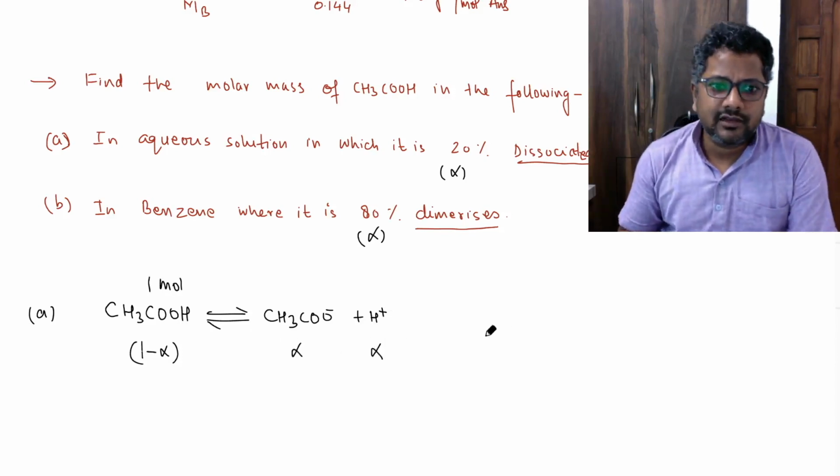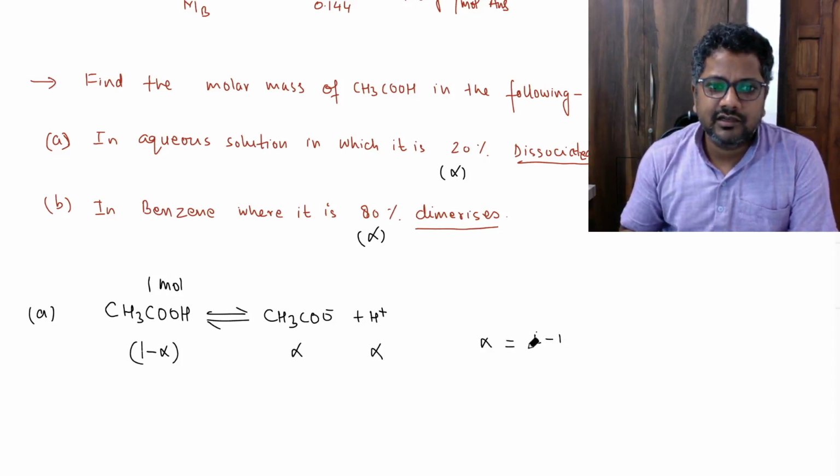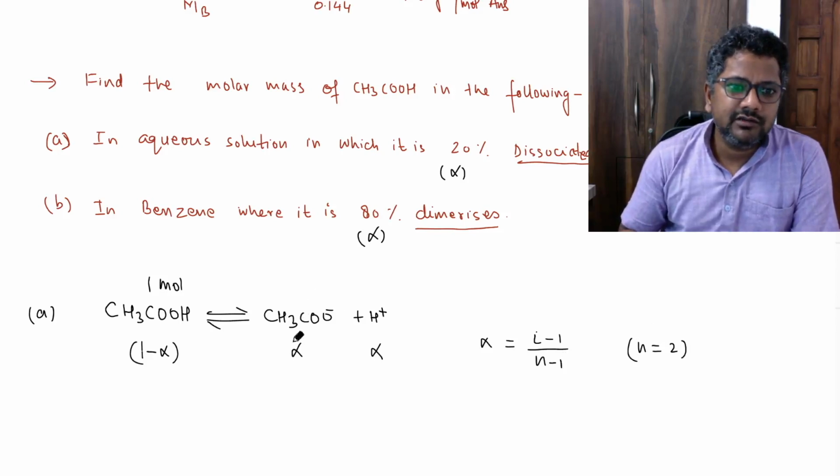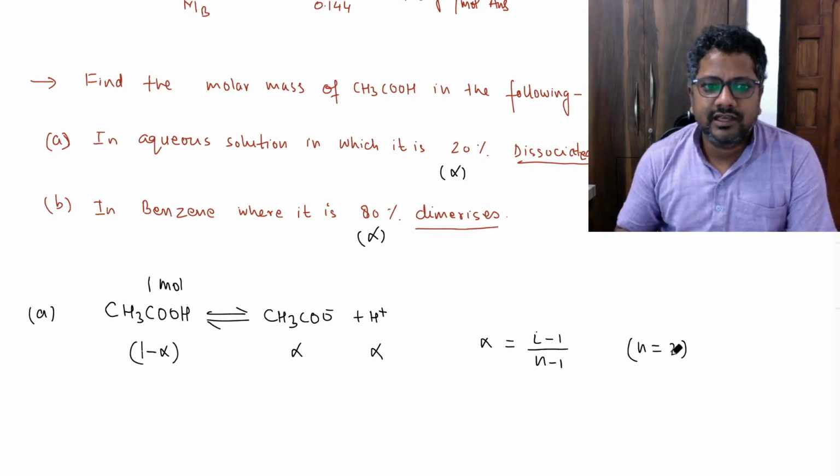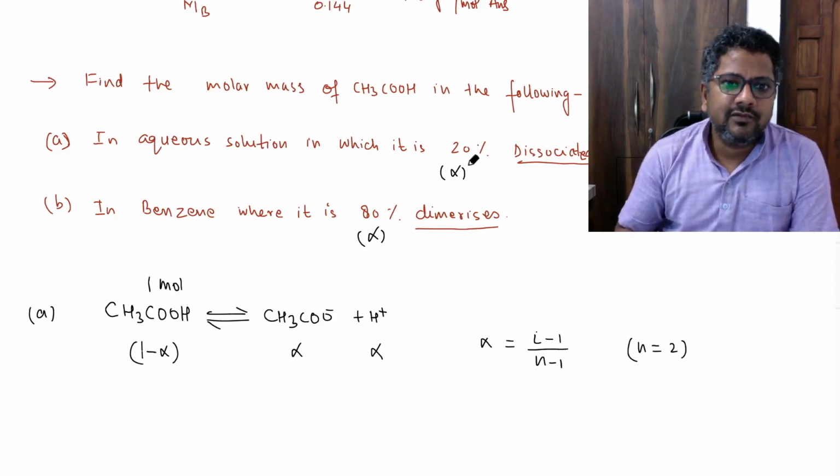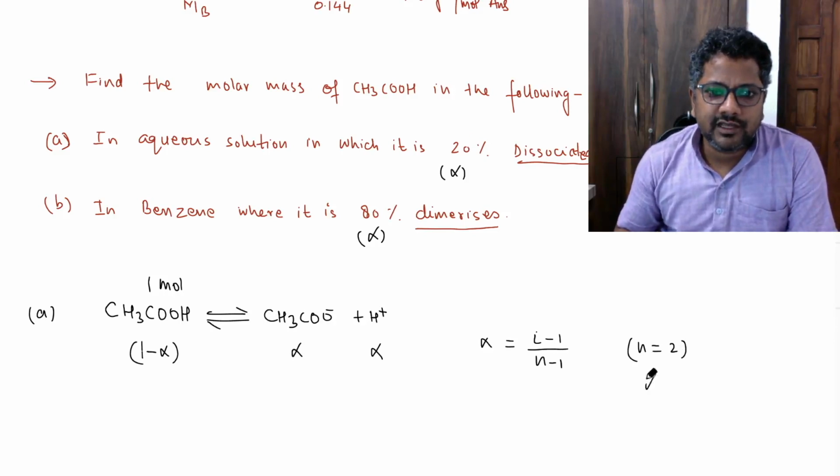And alpha is equal to, all of you are knowing, i minus 1 by n minus 1. What is n here? n is equal to 2 here. How? See, one component is this, another component is this, coefficient is 1 is to 1, so n is equal to 2, alpha is given 20%, so alpha is equal to 0.2.